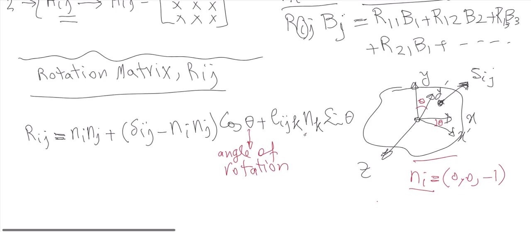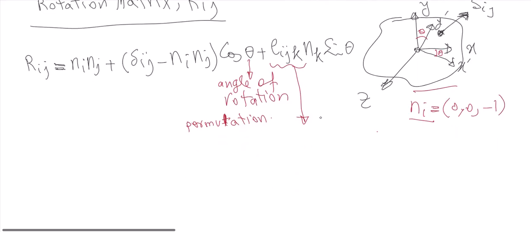Now, what is epsilon ijk? It is called the permutation symbol, and the definition goes as follows.